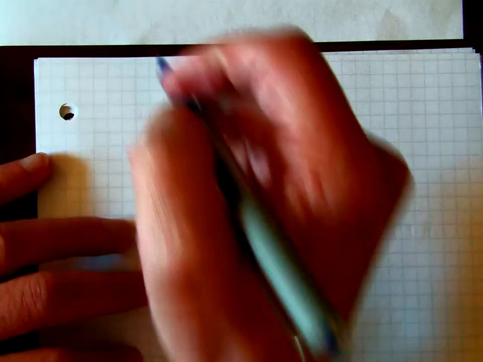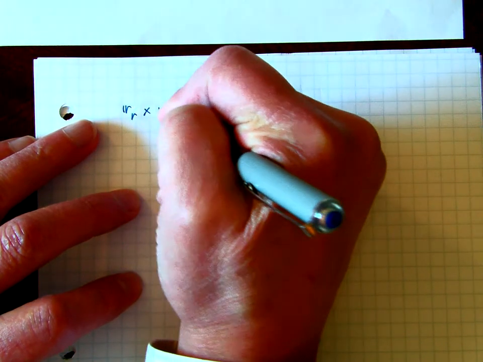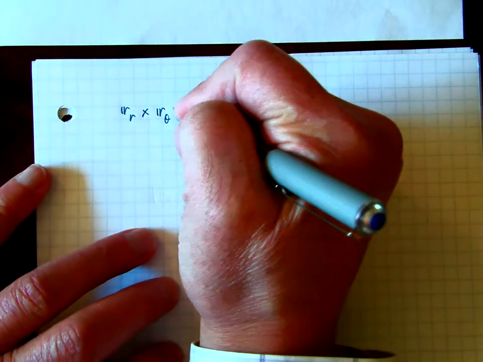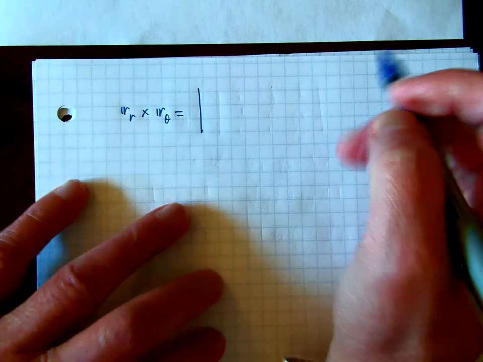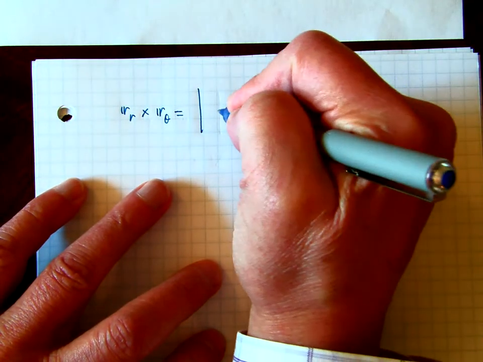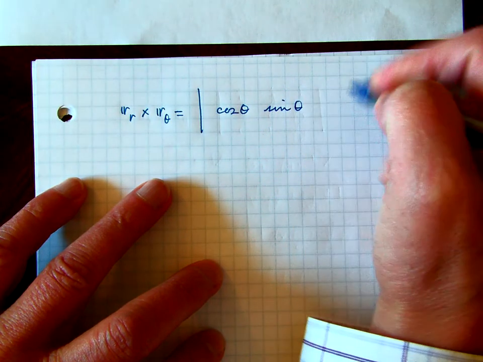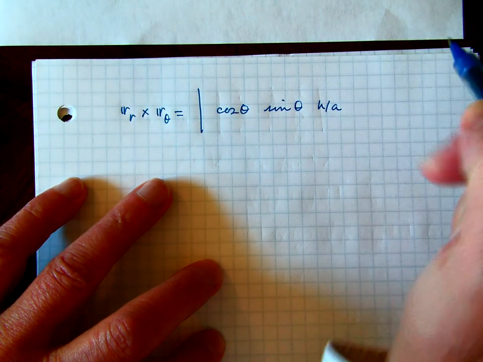So here we go, crossing r sub r with r sub theta. Okay, we need a little room for this one. In the middle, we're going to have cosine theta, sine theta, h over a.